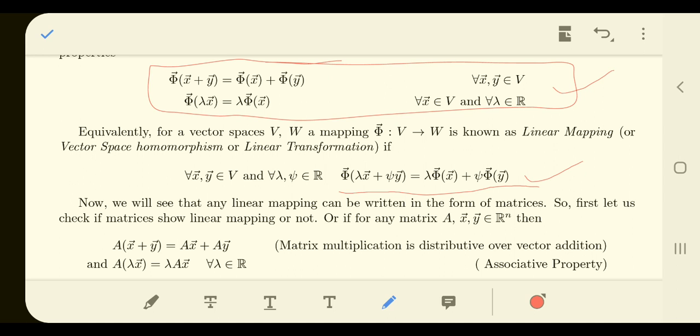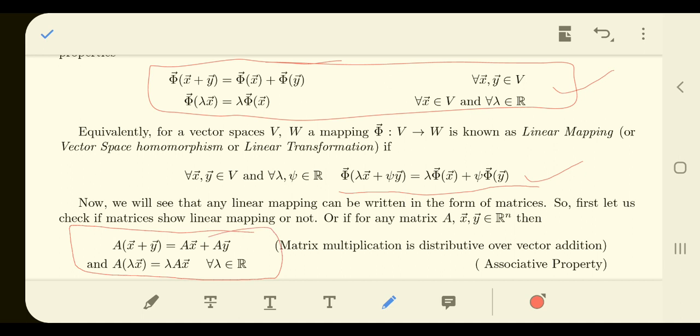As of now, I'm showing you one part: that a matrix shows linear mappings. So let us see that. If we assume that A is a matrix and it is a linear mapping corresponding to phi of a vector, then we just look at these two properties, and these two properties seem to be very obvious for matrices.